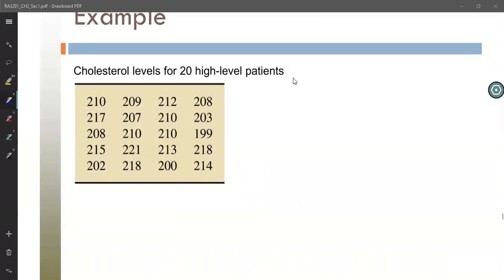So there are 20 observations. Now, what is the minimum and what is the maximum? Figure out the minimum and the maximum. Okay, tell me what is the minimum.